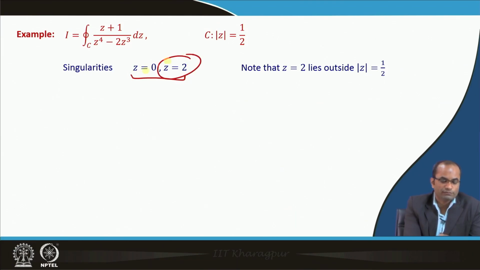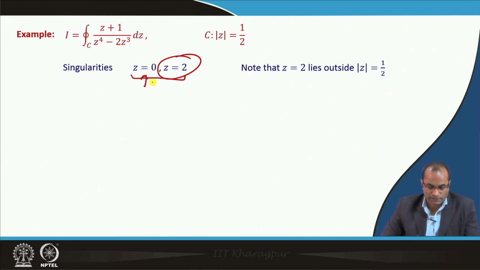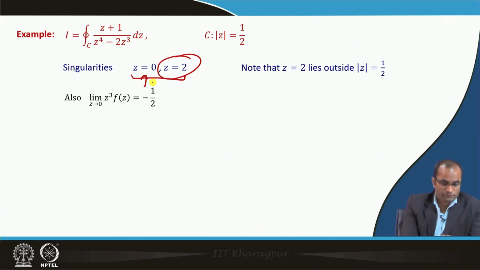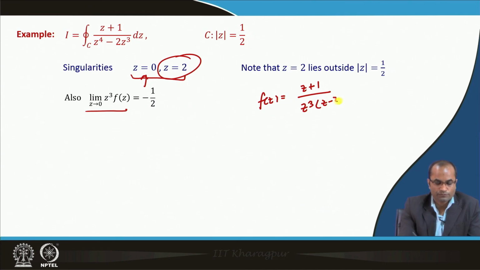Now, we do not have to compute the residue at z equal to 2; we need to just compute the residue at z equal to 0. Okay, so for z equal to 0, the function f(z) is z plus 1, and then we have z cube and z minus 2.